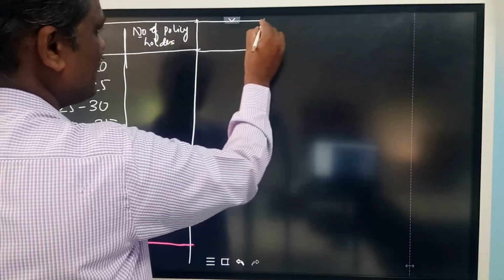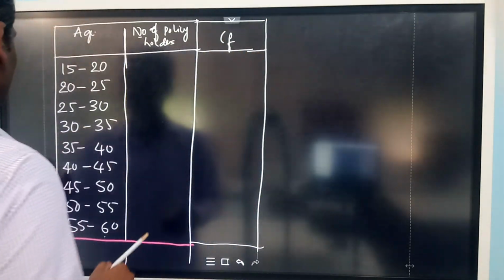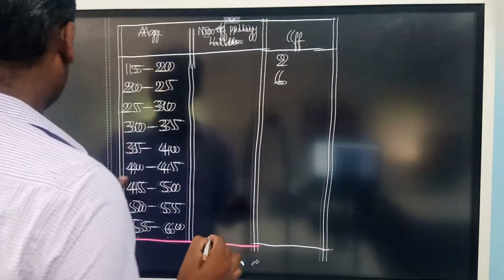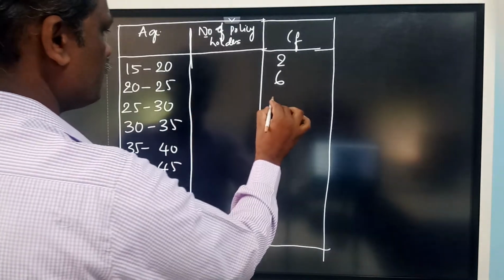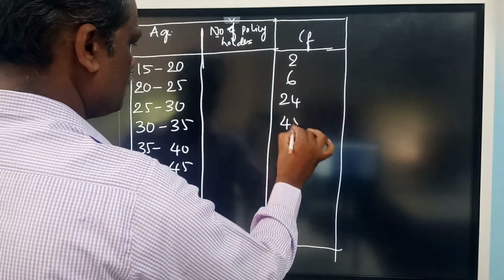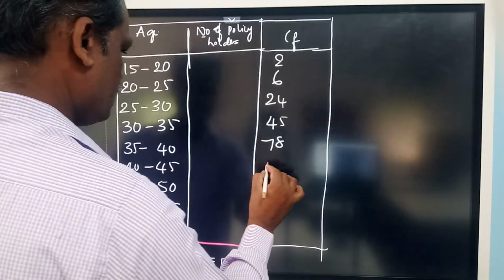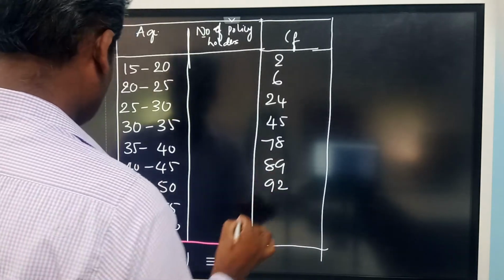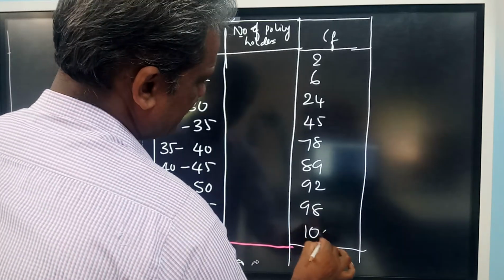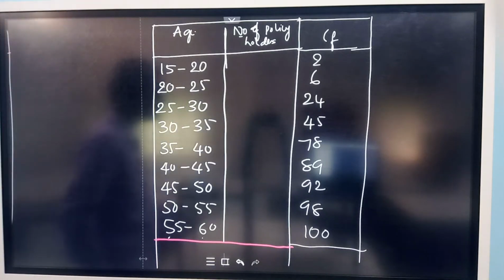So in the next column you can write the cumulative frequency, directly as given: 2, 6, 24, then 45, 78, 89, 92, 98, then 100 policyholders. The sum of the frequencies, sigma f, is 100.